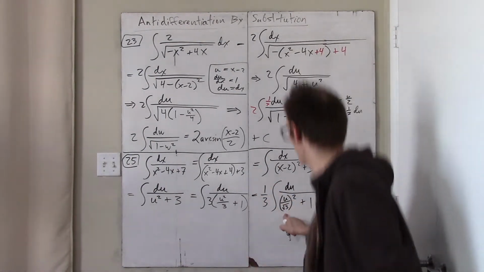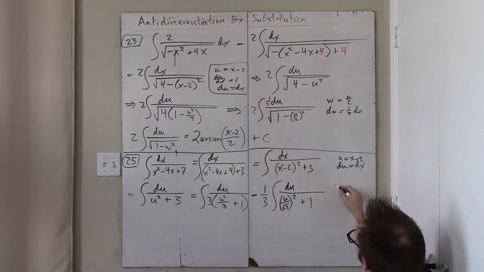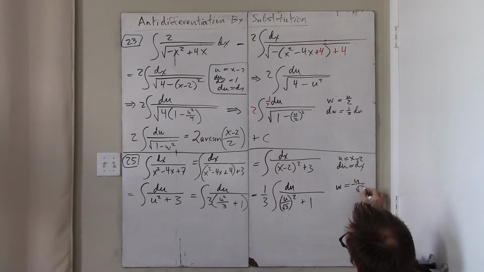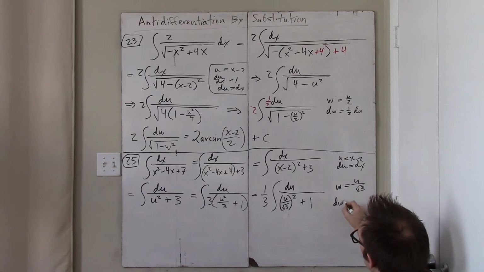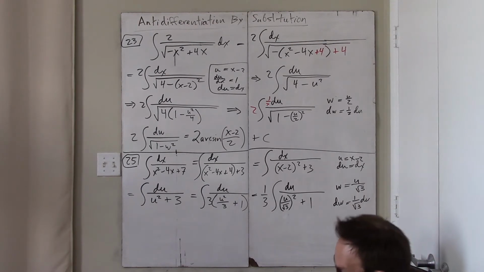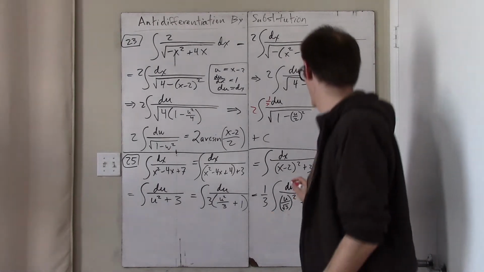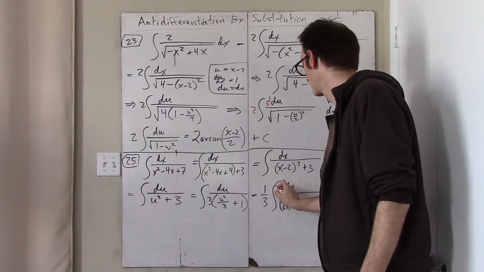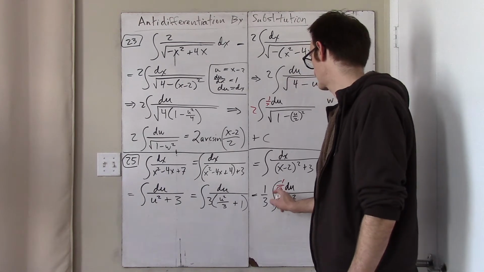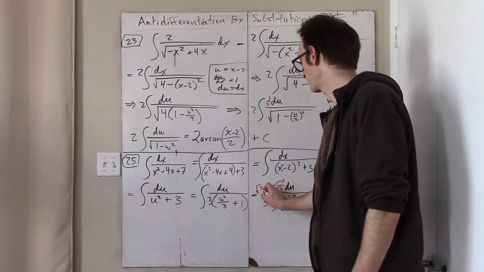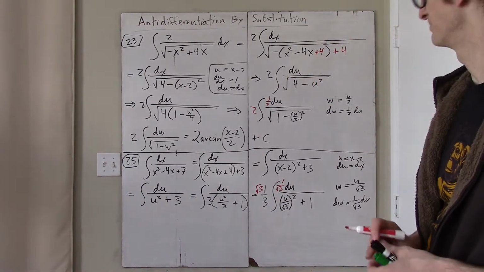My substitution of w equals u over root 3 makes me a little unhappy, but we're almost done. dw is therefore 1 over root 3 du. That's why I need to stick a 1 over root 3 in the numerator, and to balance that out, a root 3 on the outside.